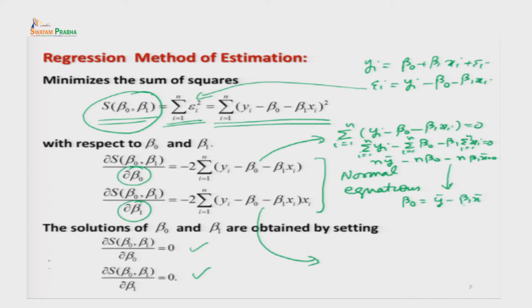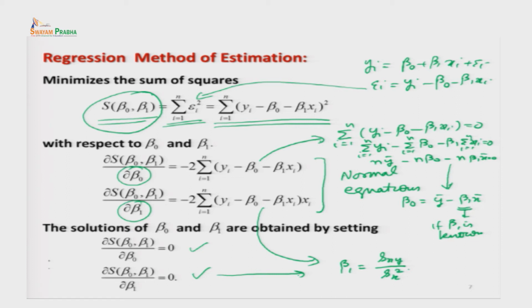Now you can see here that this depends upon beta 1. So, this beta 0 is going to be known if beta 1 is known. So, now the question is, how to know this beta 1. For that I can consider this second equation, and if I solve this equation over here, this will give you beta 1 is equal to small Sxy upon small Sx square.